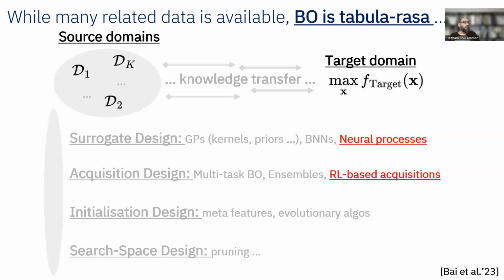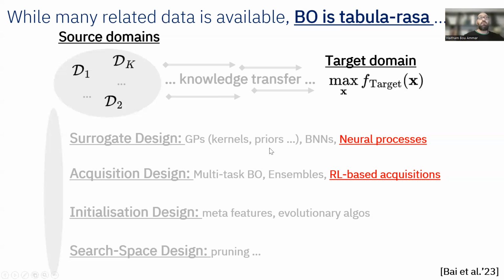This is a relatively new problem, but it's not like we're the first to suggest it. There's a very nice survey in 2023, last year, which talked about different methods that are targeting this problem. Many of those methods are targeting different components of Bayesian optimization. For example, people are trying to design transferable surrogate functions, transferable Gaussian processes, let's say.